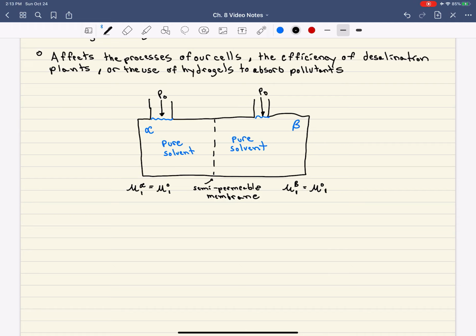But then, let's say at some instant of time, in compartment beta, we spike it with a small amount of solute. Let's say this solute is something that can't pass through the membrane.